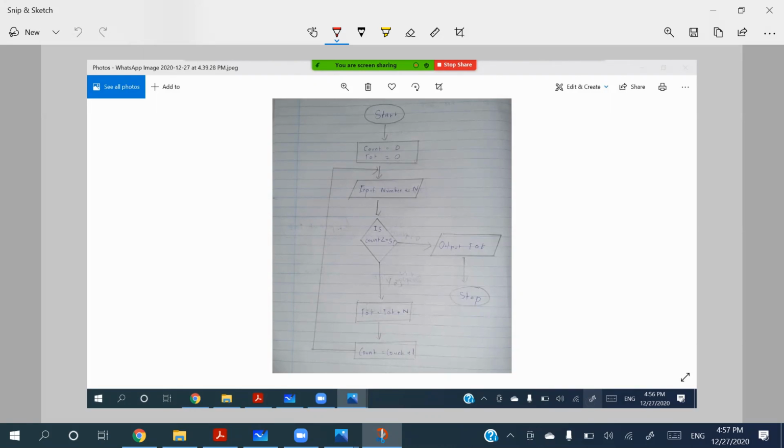Pseudocode is given to draw the flow chart, or the flow chart is given to write the pseudocode. So it will be very easy when you are going through this commando training.